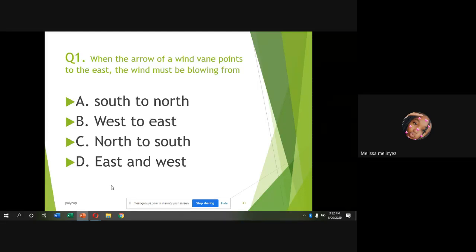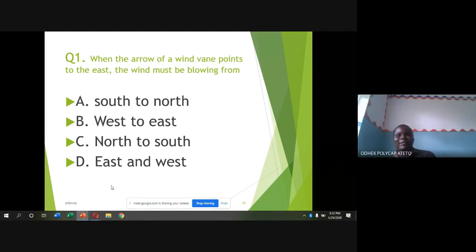So when the arrow points east, the wind must be blowing from east to west. So east to west is the correct answer.